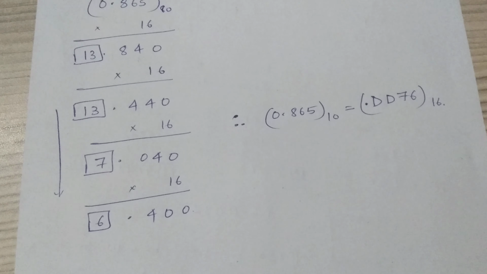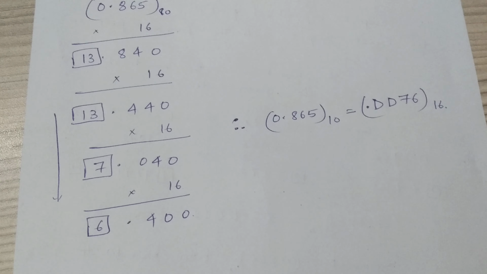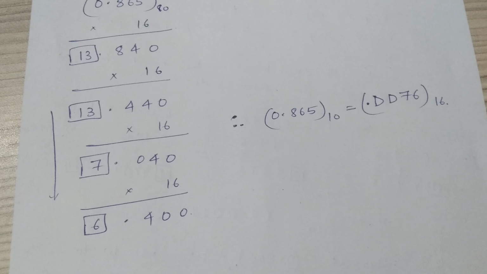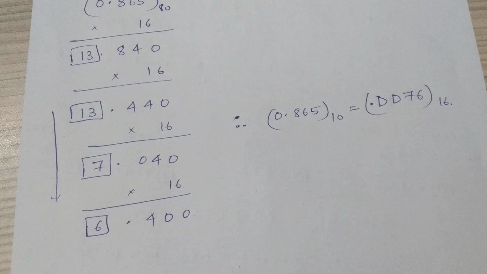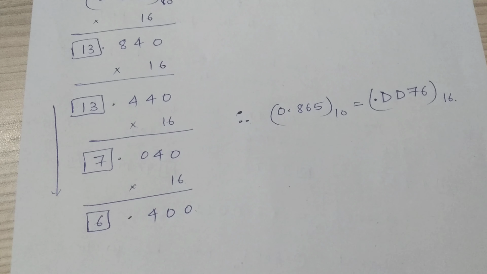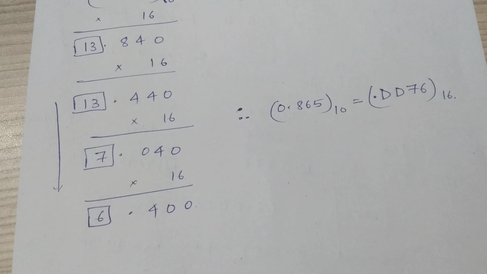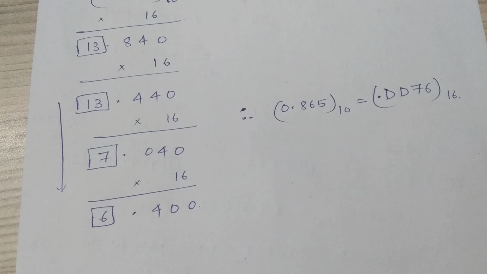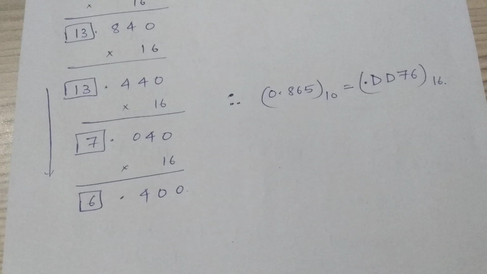Now for the hexadecimal you have to be very careful. If the non-fractional part while writing the answer is above 9, then you will represent it in the form of an alphabet from A to F. That's why here 13 13, since it is symbolizing the alphabet, it is written .DD76 to the base 16.